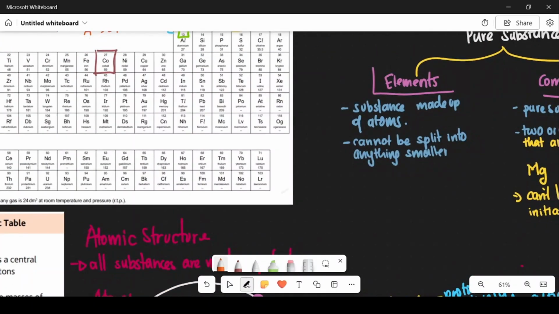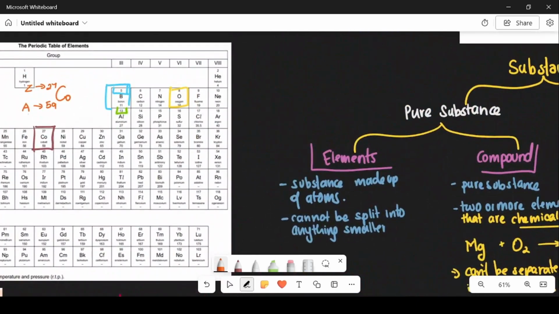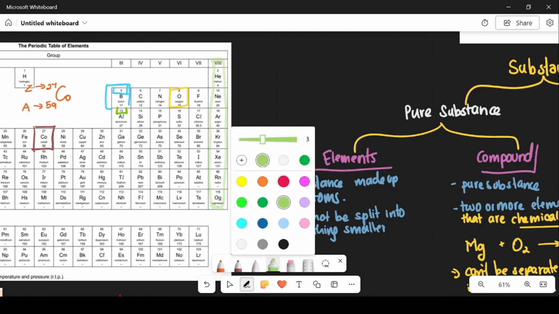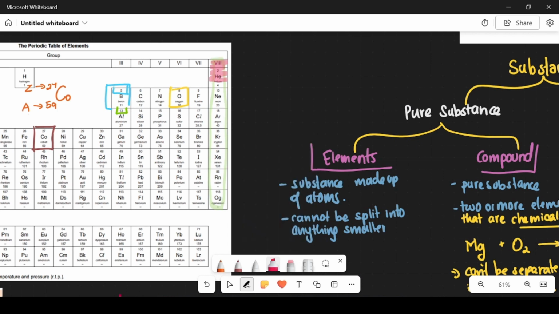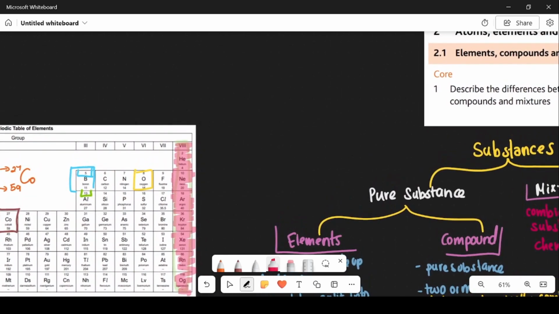Group 8, as we call them, are these last ones here. I'm actually going to use a brighter color. Red maybe? Yes, there we go. So all these, your krypton, your radon, your helium, your neon, all these are your group 8 elements.